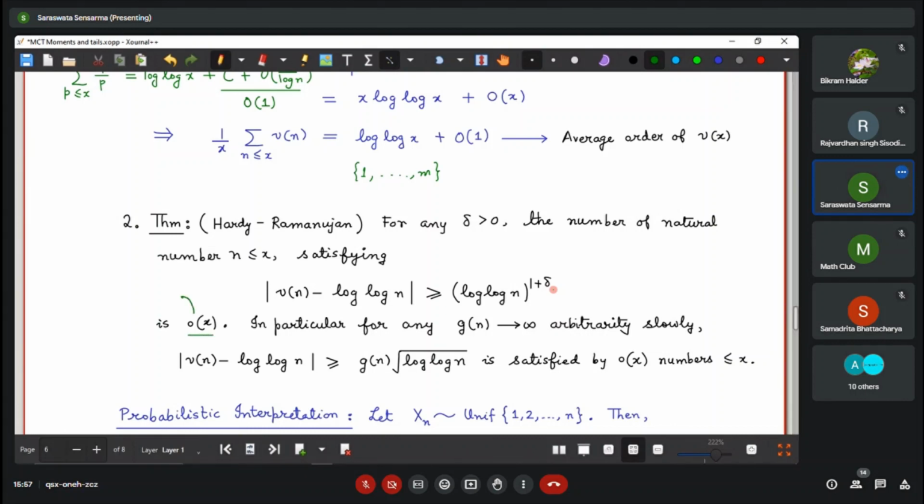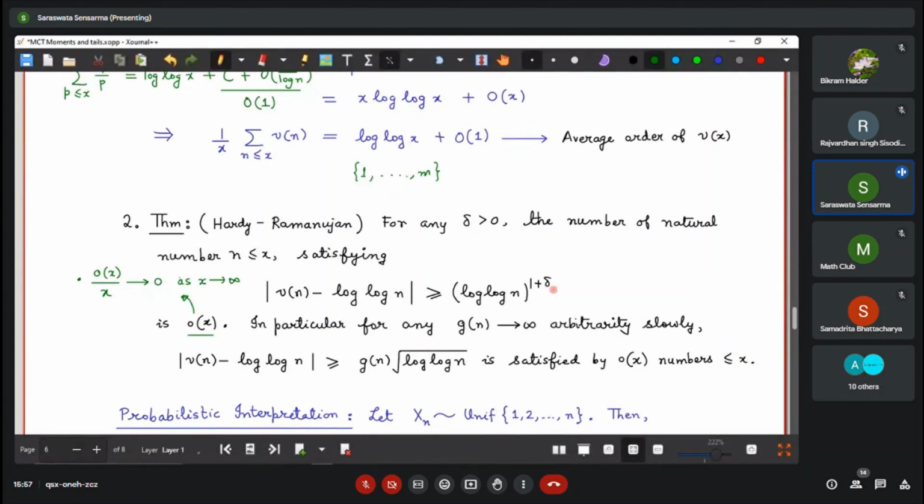Little o of x just means that the proportion with x is going to 0. So little o of x is any function, I know this is a bad notation, that goes to 0 as x goes to infinity, but I'll write it anyway. So o of x is any function which satisfies this property.